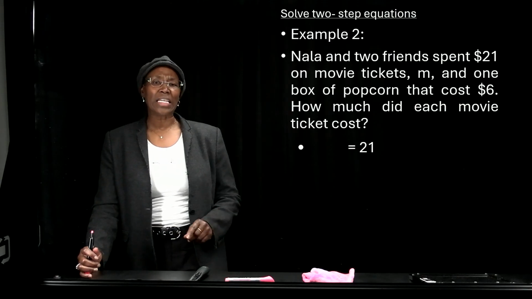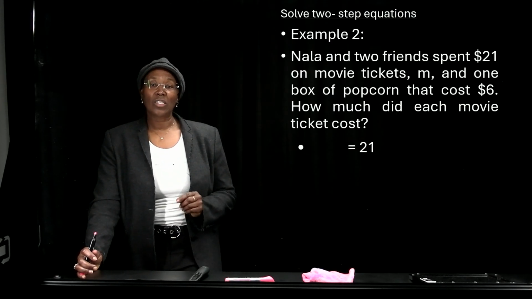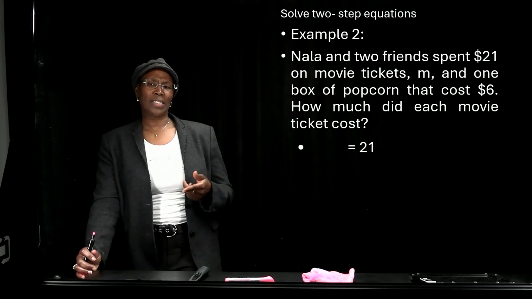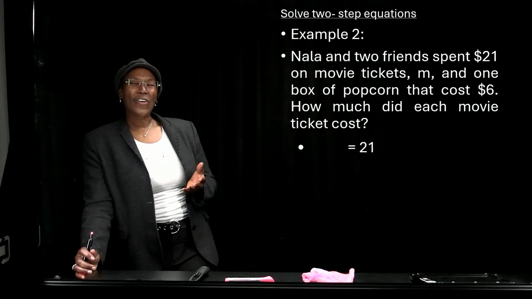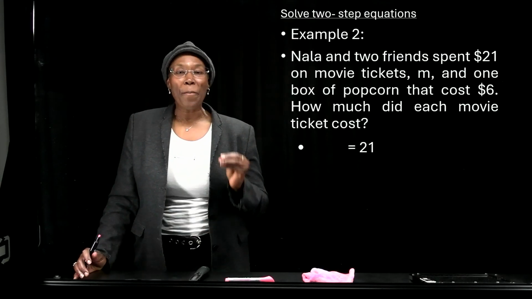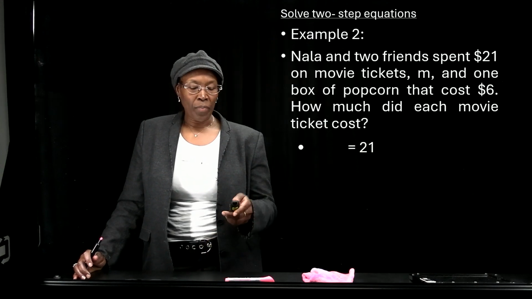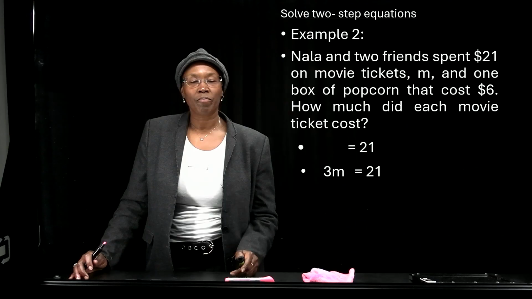It says Nala and two friends spent $21 on movie tickets M. So Nala and two friends, how many people is that, class? Okay, how many people is that? That is correct. That is 3 people that bought movie tickets. Therefore, our variable or our term is 3M.